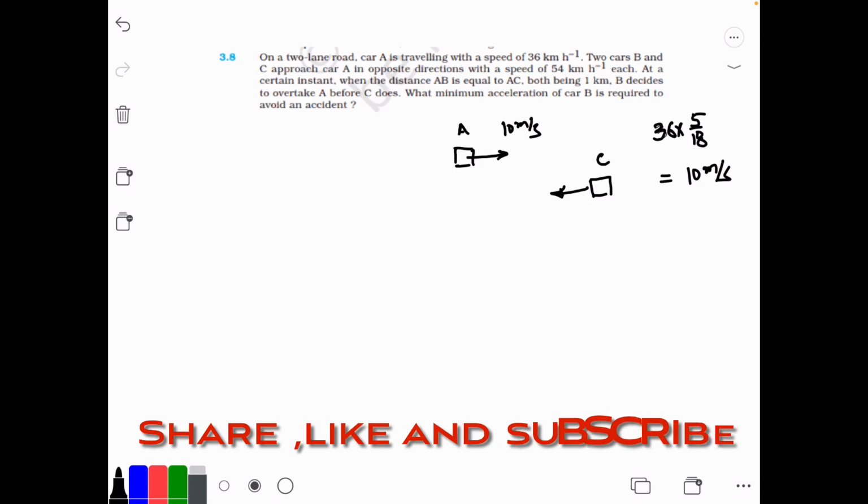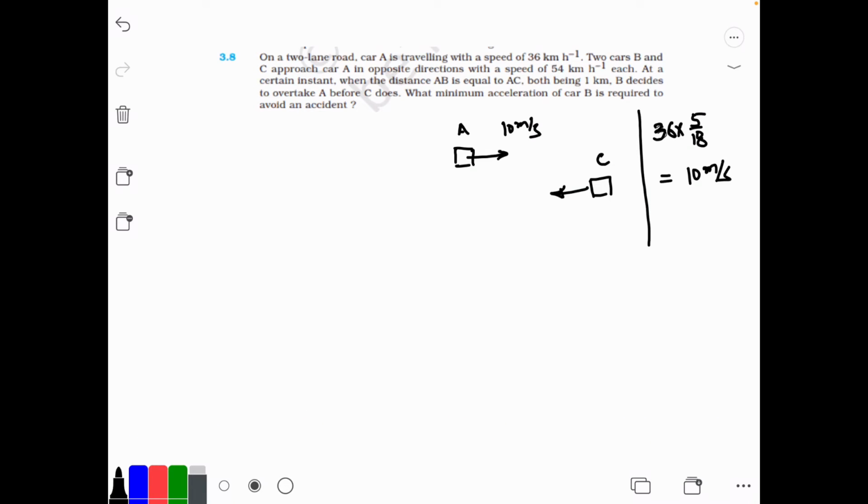It is moving in this direction, and C has the speed, if I convert into meter per second, 15 meter per second. And again car B is there. This is car B and it is also having the same speed in opposite direction.